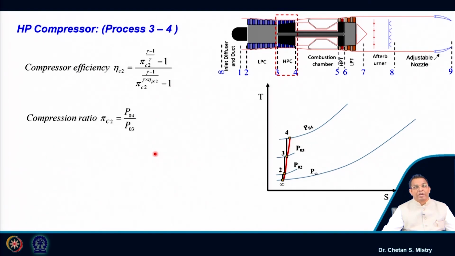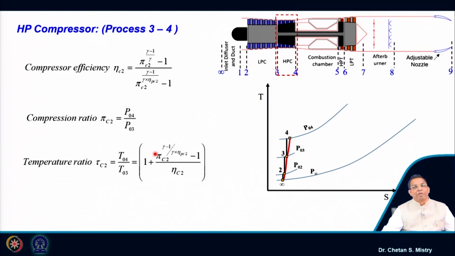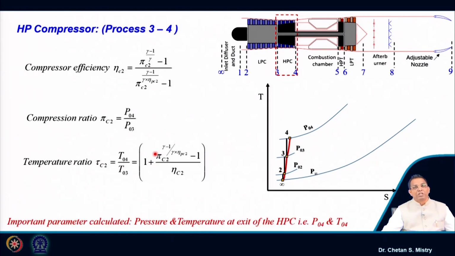We can calculate our compression ratio, that is P04 by P03. We can calculate our temperature ratio, and based on that we will calculate the pressure and temperature at the exit of our HPC. Now, this is in a sequence. Now, this will be the input parameter for my combustion chamber.